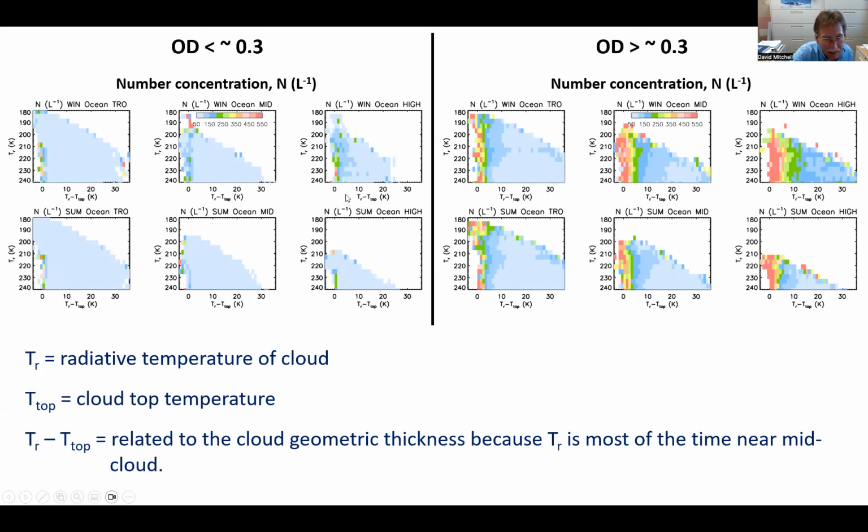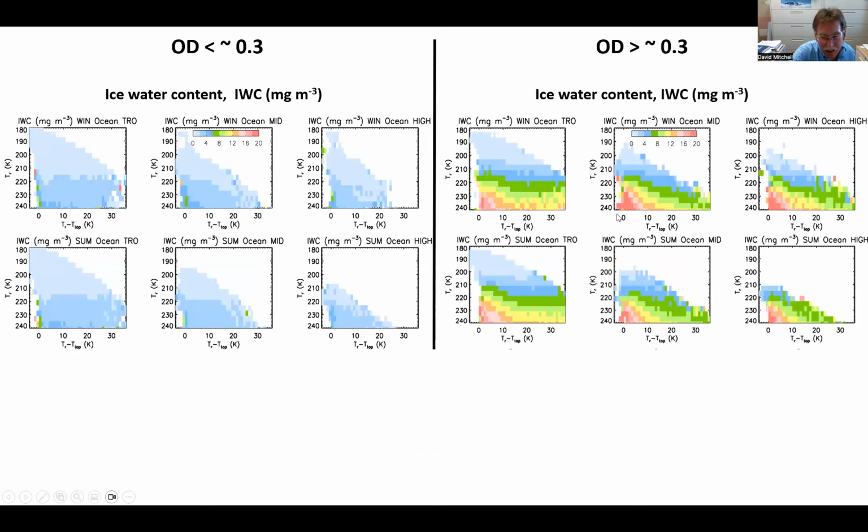So the thin clouds there are a little bit higher in concentration in some cases, but not so much. So that seems more characteristic of heterogeneous nucleation on the left side, where thin cirrus on the right are more like homogeneously nucleated.